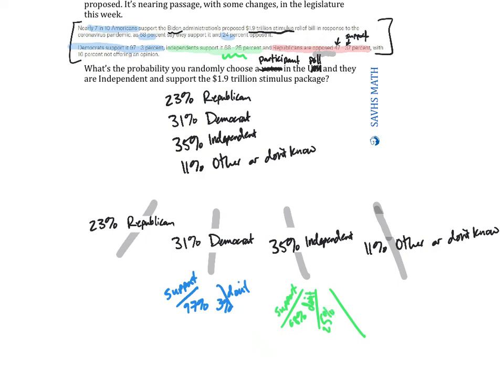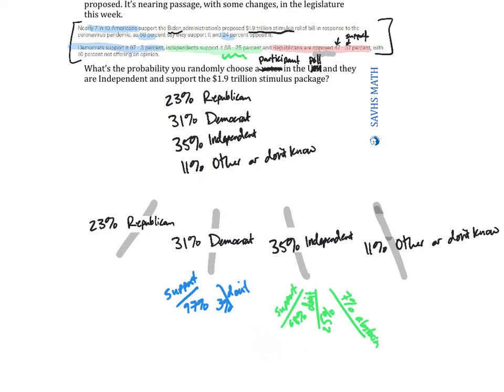And then there's a chunk of people who didn't know or didn't respond or didn't offer an opinion. So if you check, 68 and 25 is 93, and so that means that 7% of the people we're going to say abstained because they chose not to answer the question.